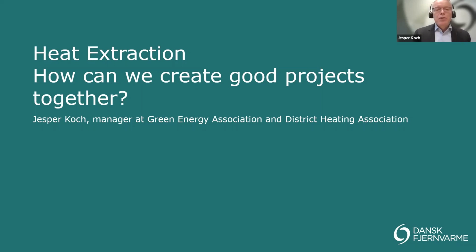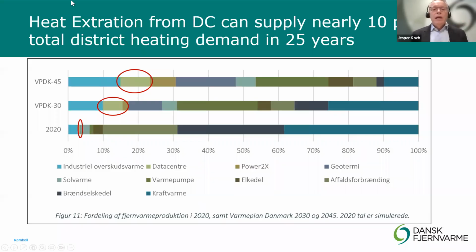And you mentioned 10%. If you take the next slide, we have together with Aalborg University analyzed how much of the district heating can be based on surplus heat from different kinds of industrial units.